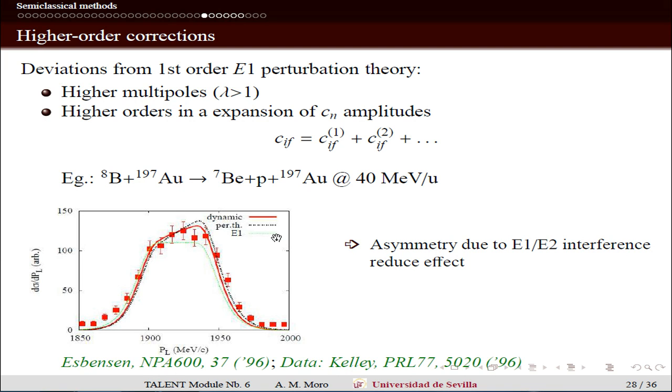In this case, the main effect producing this asymmetry is the interference between the dipole term and the quadrupole term. Some people have tried very hard to obtain information from the E2, from the quadrupole contribution, the BE2, from the asymmetry, from the deviation of the symmetric shape. So you include in the calculation the E2 trying to reproduce this asymmetry.